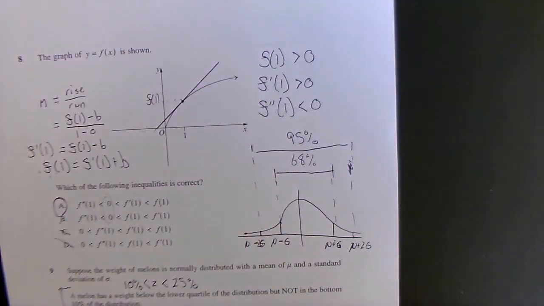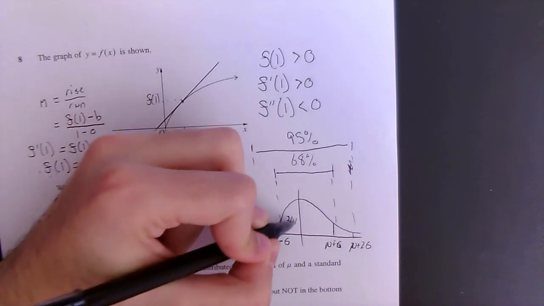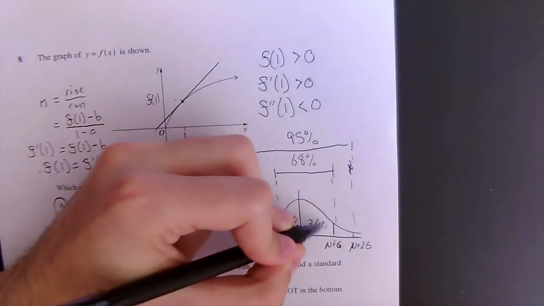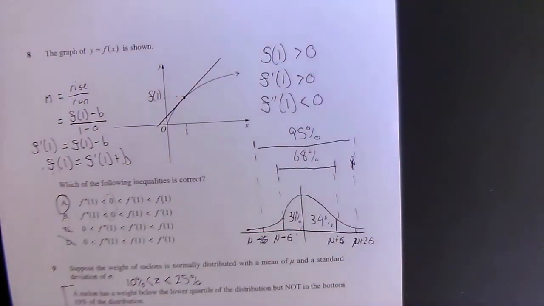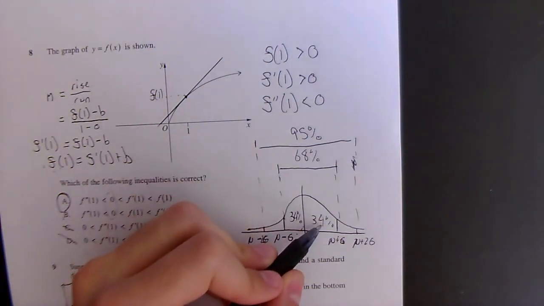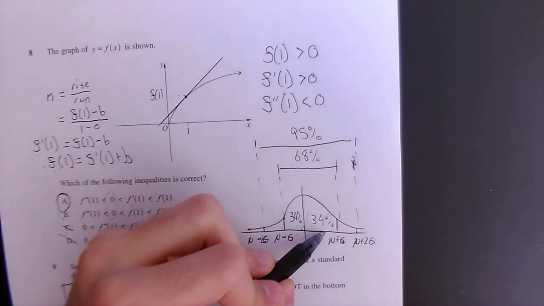So using this knowledge, half of this is going to be 34. So this is 34%, this is 34%. And that means from here to here, the area is going to be half of 95, which is 47.5%. And 34 of that percent is taken up.